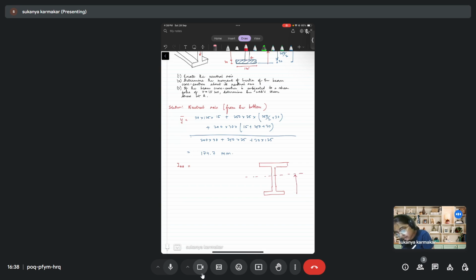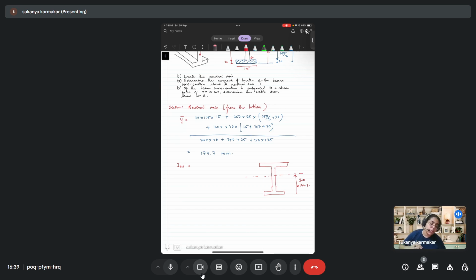And this distance is YNA, which is 174.7. So you have to find out the moment of inertia about this neutral axis. So about the centroid of a rectangle, we know that the moment of inertia is bh cubed by 12. And then along with that, I will have to shift the axis from the centroidal axis to the neutral axis.